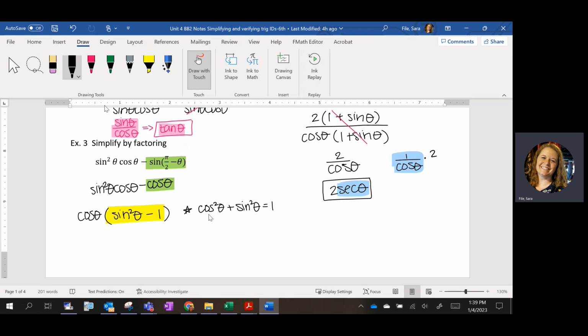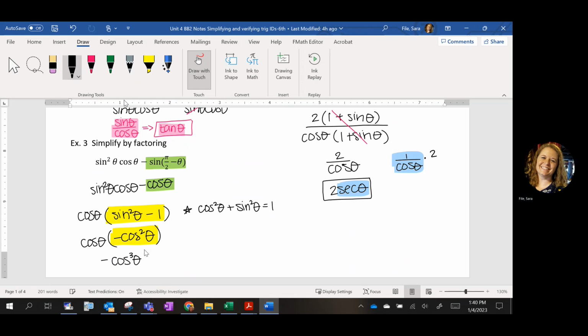The cosine had to have been subtracted to the other side. So this would be negative cosine squared. It's still part of the Pythagorean identity, but don't forget that negative. And then what am I going to end up with if I multiply cosine by negative cosine squared? Negative cosine cubed of theta.